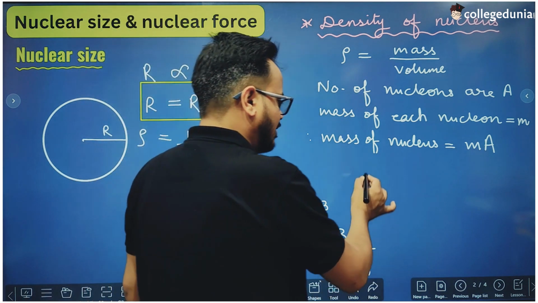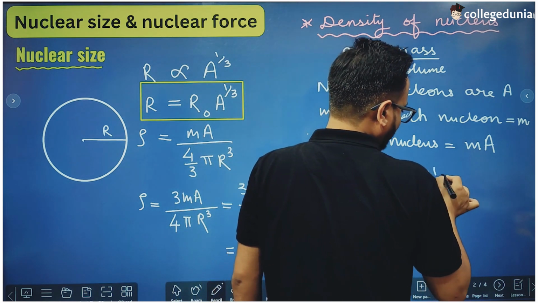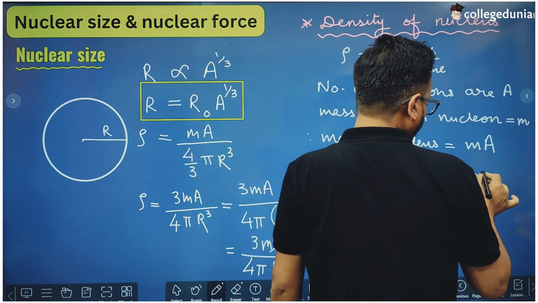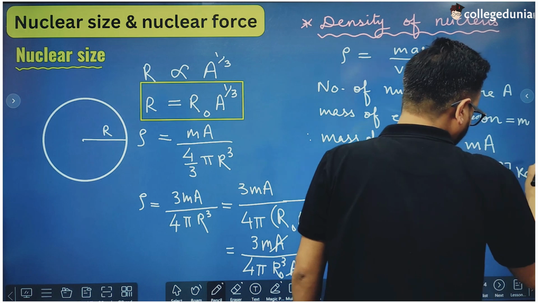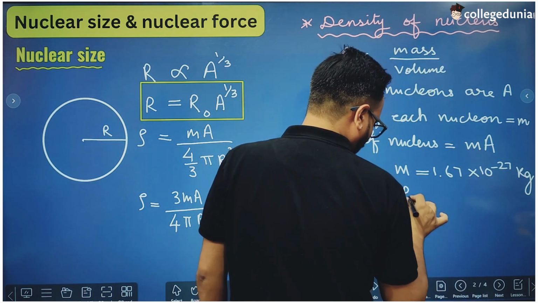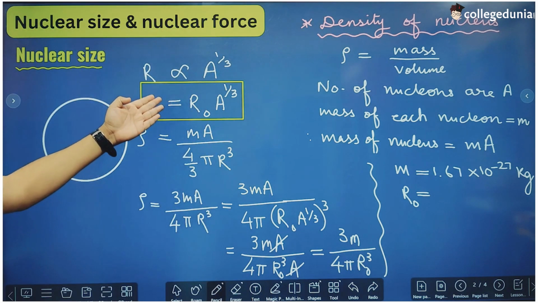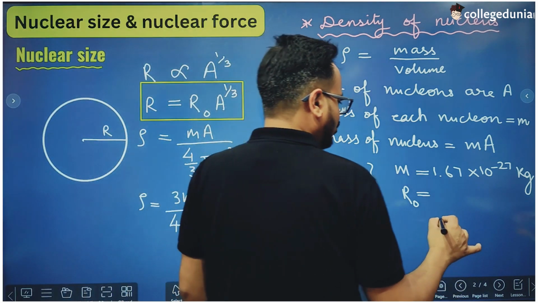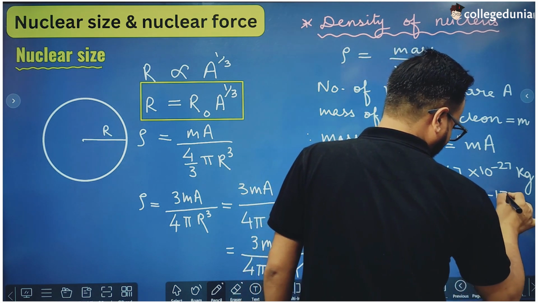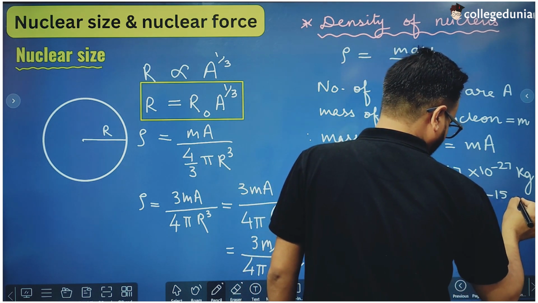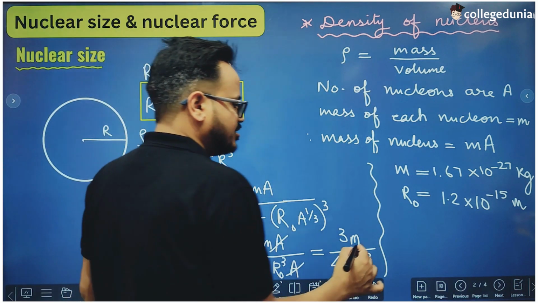The value of m, the mass of each nucleon, is 1.67 into 10 raised to power minus 27 kg, and the value of r naught, which we wrote earlier, is 1.2 into 10 raised to power minus 15 meter. If we put these two values here, we can find the density of the nucleus.